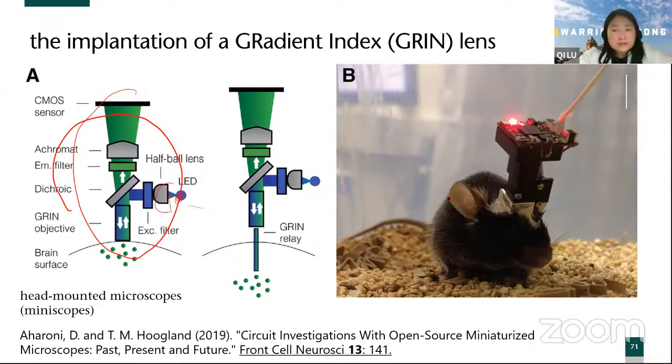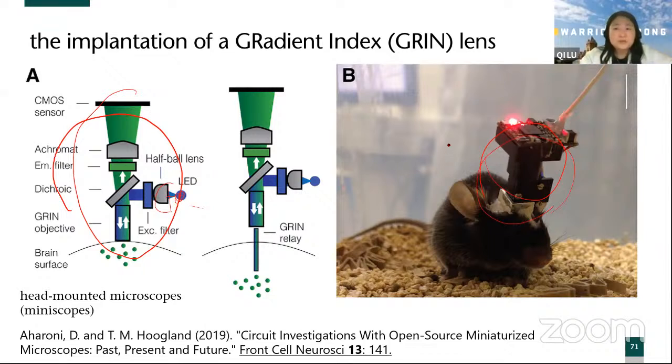I can mount this whole miniscope onto a live animal. The only thing I'm concerned about is why I don't use a rat, because a rat is much larger than the mouse, and this headset for the mouse, I think it's really big for these animals. But this design, compared to other microscopes, is pretty good.